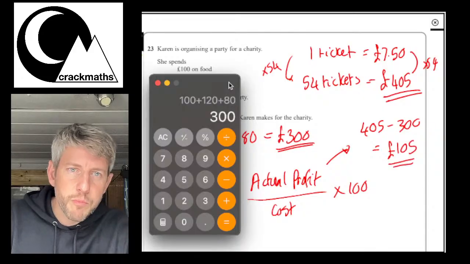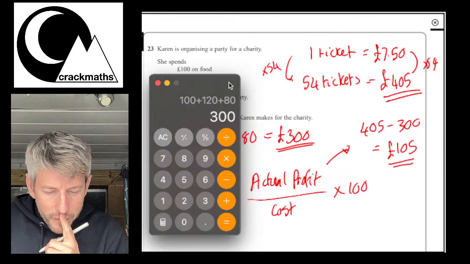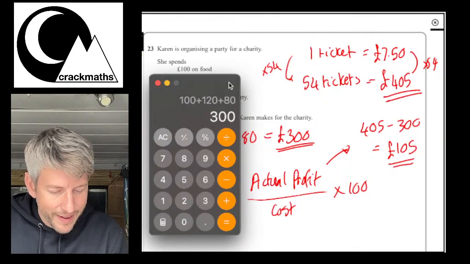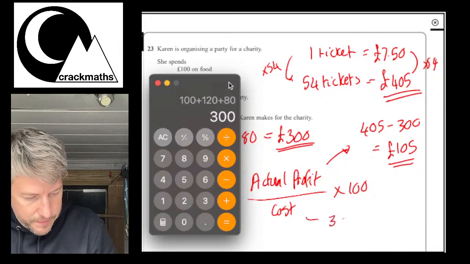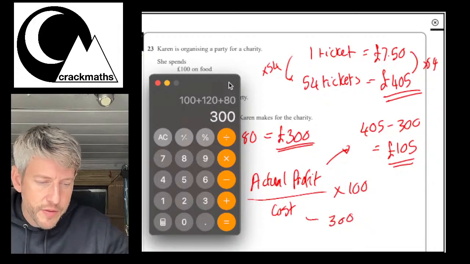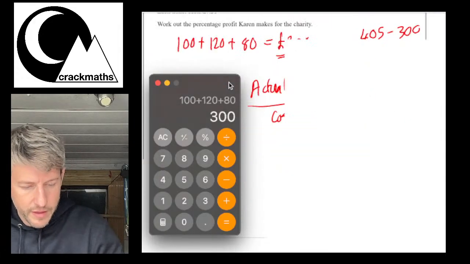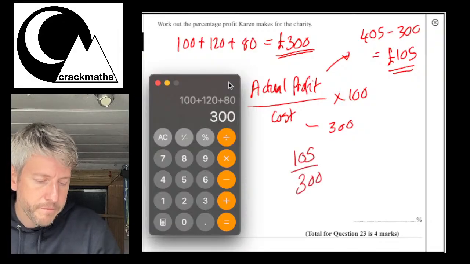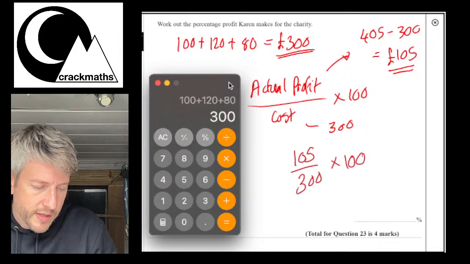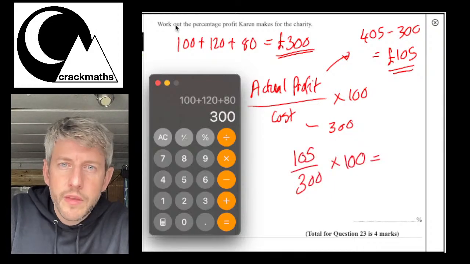So we've got the actual profit there. Now we want to find out the cost. We know the cost is 300. So now let's do the calculation. We've got £105 out of £300, and then we multiply that by 100 to turn it into the percentage.